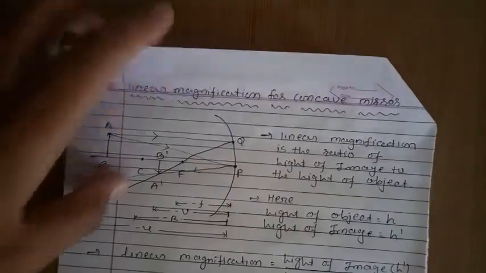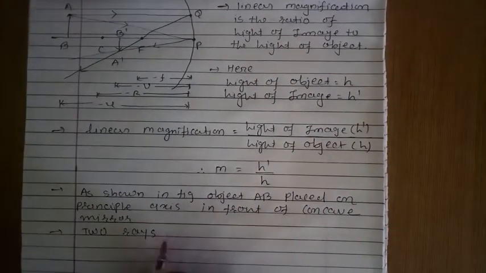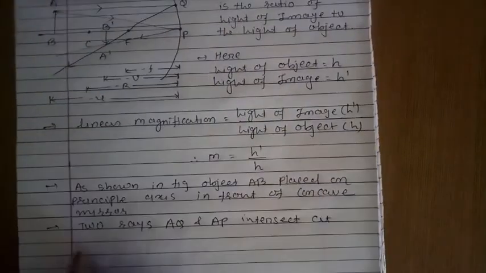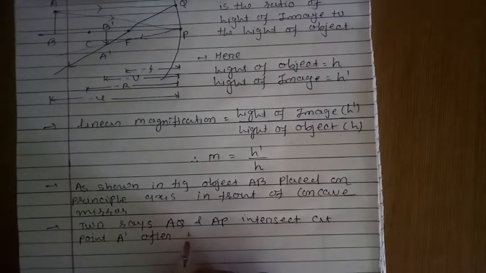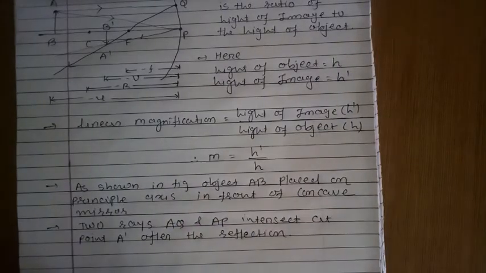So we can write that two rays AQ and AP intersect at point A dash after the reflection, right?